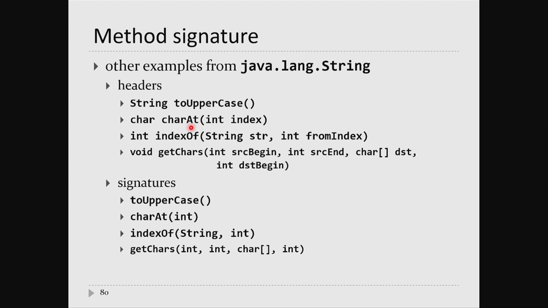The signature is just charAt and its type, so int. Index of. The signature of that method is the name, indexOf, plus the first type and the second type, so string comma int. And the last one, getCars, its signature is getCars int, array of car, and then int.